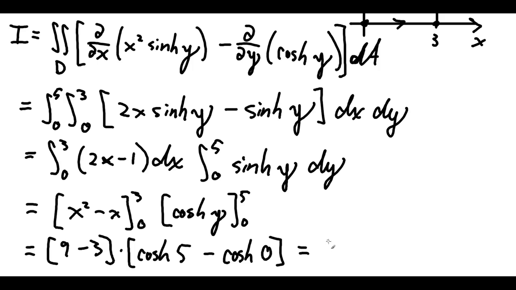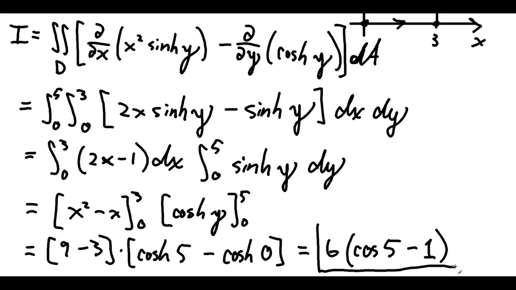So we have 9 minus 3 is 6, times cosh 5 minus cosh 0, which is something that we can evaluate. If you think through that carefully, cosh 0 works out to be 1. Oh, not cosine, hyperbolic cosine. I missed a letter when I was writing that. So 6 times the quantity of cosh 5 minus 1.